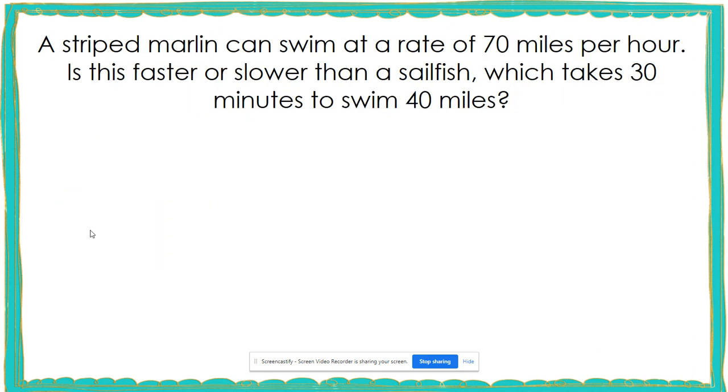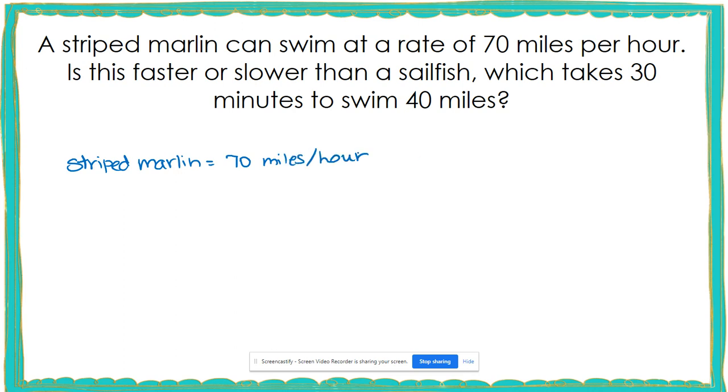A striped marlin can swim at a rate of 70 miles per hour. Is this faster or slower than a sailfish, which takes 30 minutes to swim 40 miles? Well, we don't have to find the unit rate for the striped marlin because we already know that the striped marlin travels at a rate of 70 miles per hour.